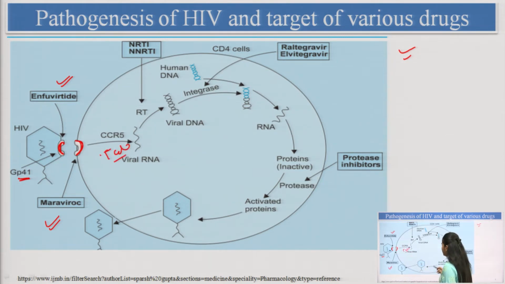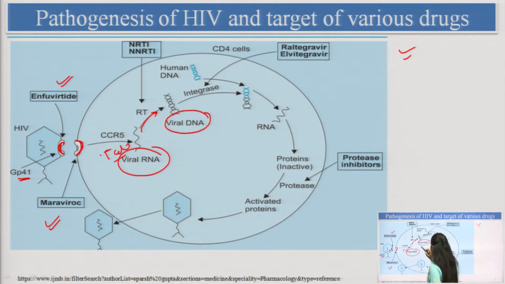Now, in the next step the virus enters the cell and viral RNA is introduced inside the cell, and there is a step called reverse transcription where the viral RNA is converted to viral DNA.